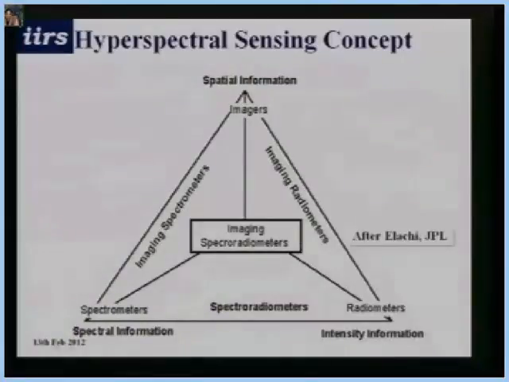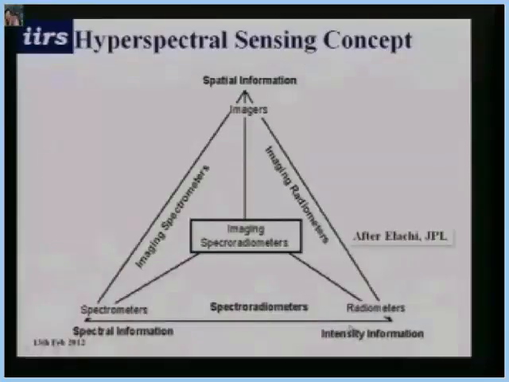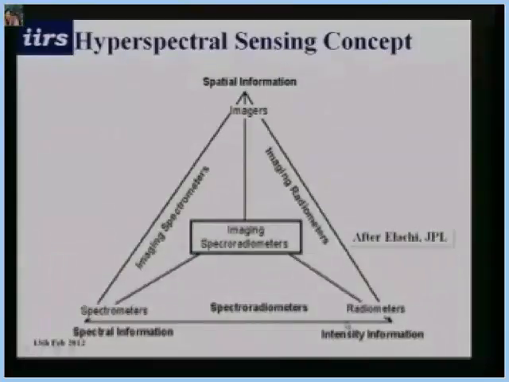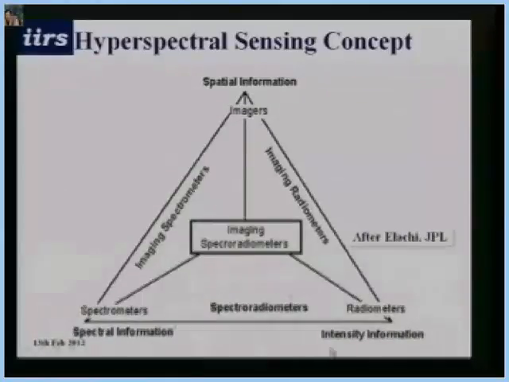If you measure the spatial information, they are images, like photographs from a camera which measures the spatial information. The intensity information, which is the measurement of the energy reflected in a predefined wavelength, they are the radiometers. And if we combine the radiometer and the spectral information, we have spectroradiometers.